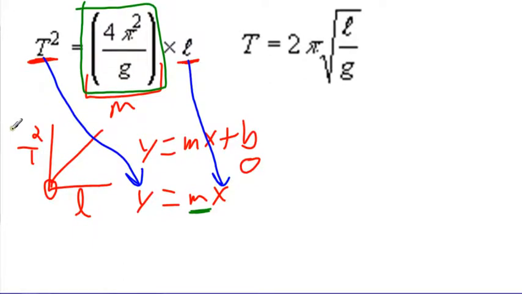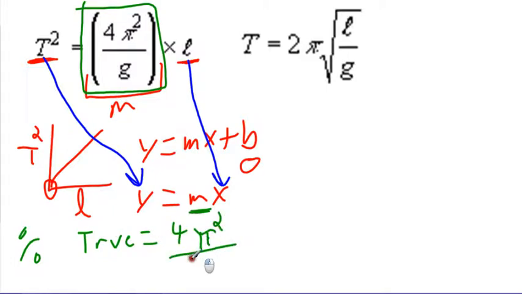For your percent error calculation, you will have a slope value from your graph. You also know that we have 4 pi squared over g. This is going to be constant for us because of gravity. So your true value is going to be equal to 4 pi squared divided by 9.8.